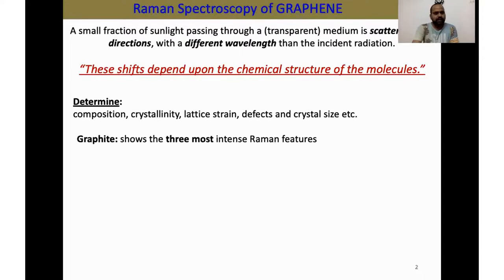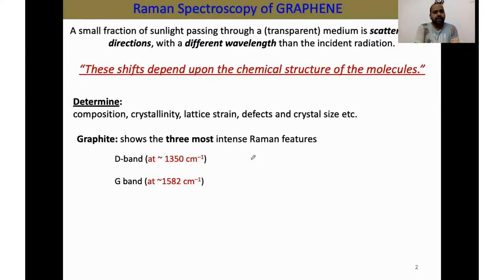If we talk particularly about graphite, when we analyze graphite by Raman spectroscopy, we get three kinds of major peaks, or we can say bands. One is the D band; in the spectrum it appears around 1350 centimeter inverse.